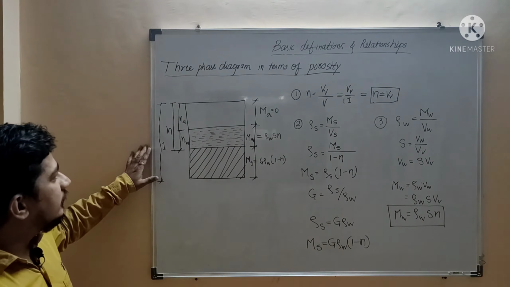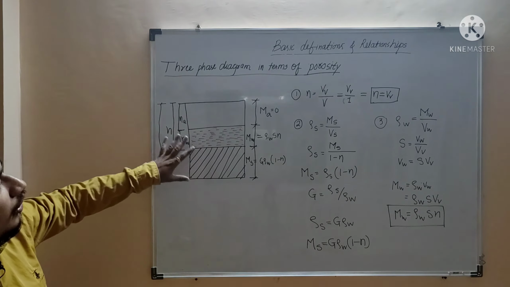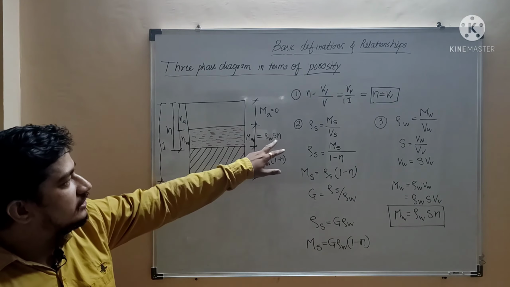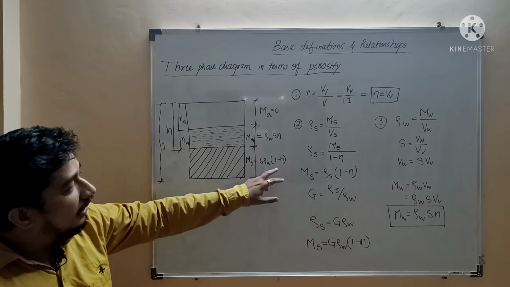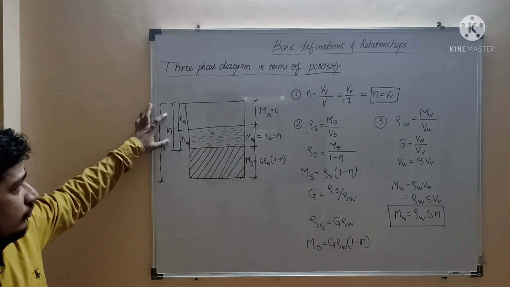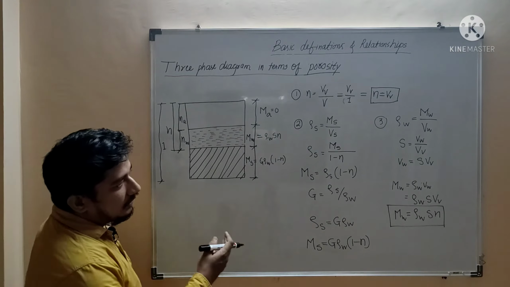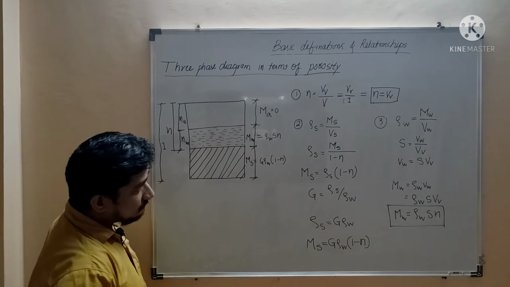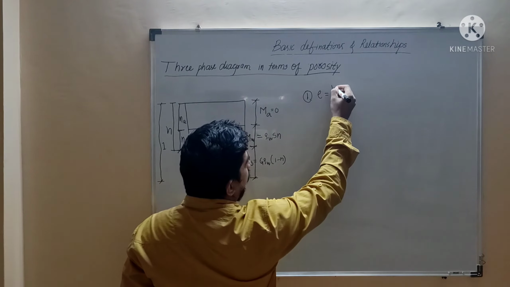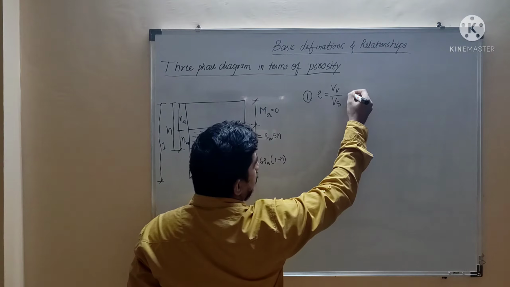If you see this three-phase diagram, we have expressed almost all of these phases in terms of porosity. Mass of water is expressed in terms of porosity, mass of solids is also expressed in porosity, voids are also expressed in terms of porosity. So we will derive some formulas from this. e is equal to volume of voids upon volume of solids.